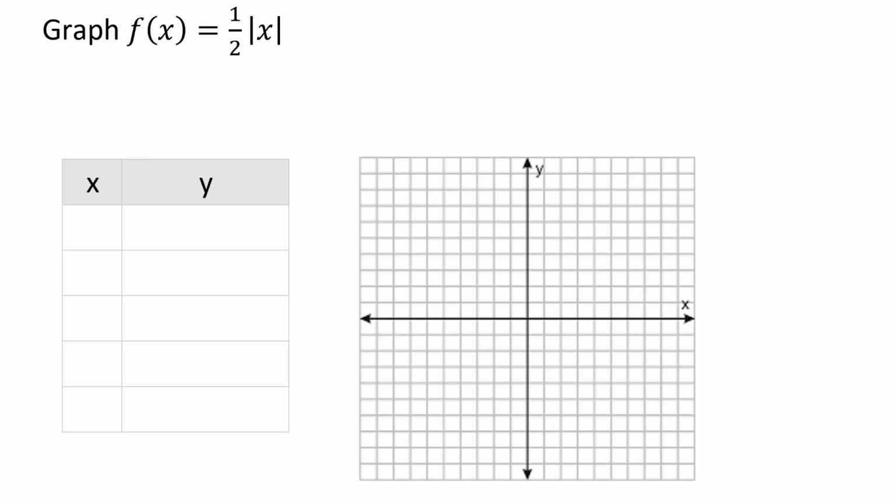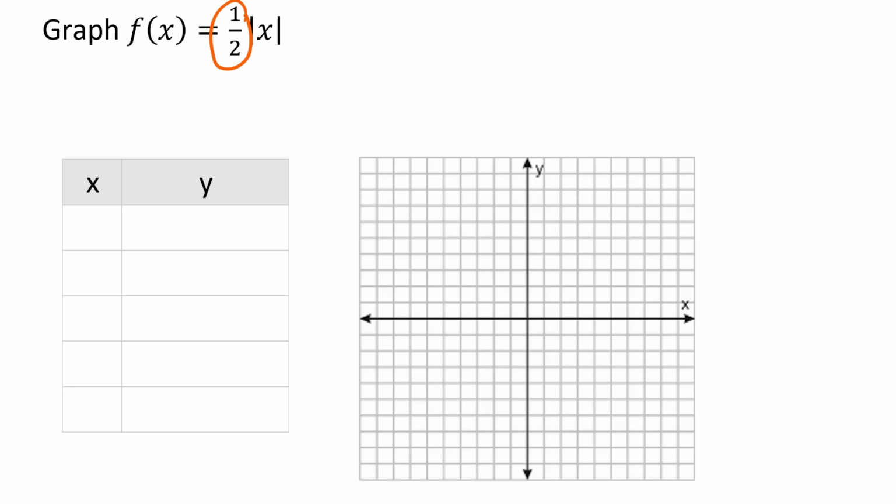All right, so for this one, we have that f of x equals 1/2 times the absolute value of x. And while we can choose any points that we want for x, we totally can, we also need to remember that we're multiplying by a fraction. So we don't really want to use numbers that are going to give us wonky decimals.